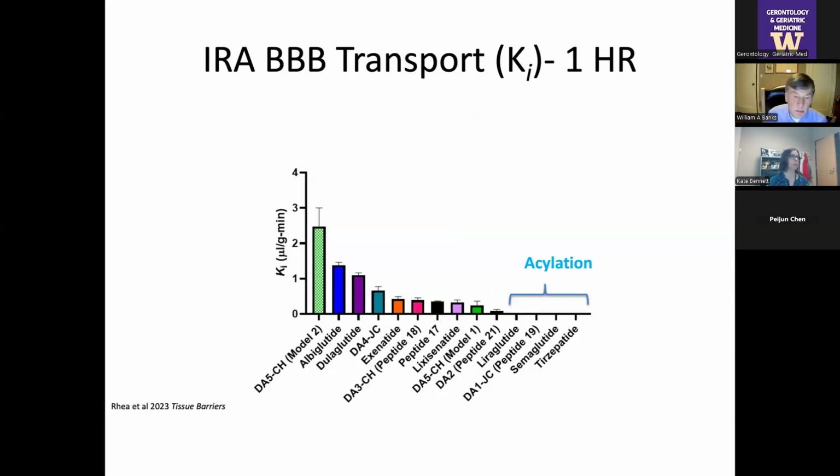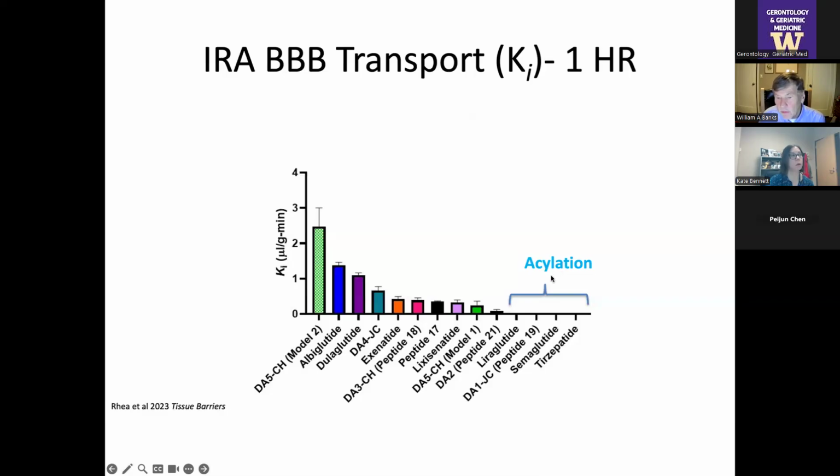And so Elizabeth Rea and I were fortunate enough to work with him, and we've tested 13 different incretins, all the ones that are on the market, as well as some that are in development or just developed. And here's what we found, that a lot of them cross, including our old friend exenatide, and 4 of them do not.